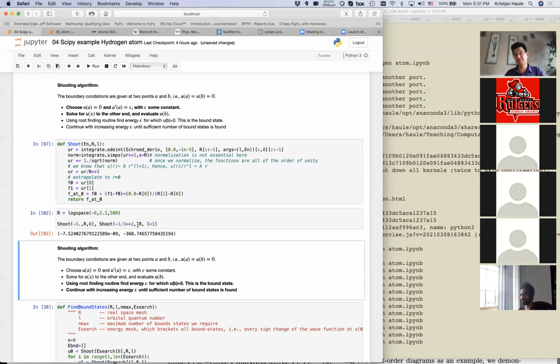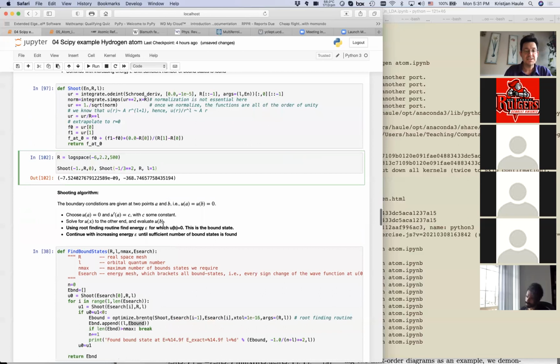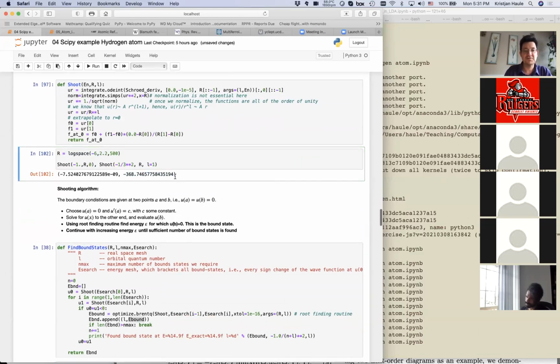But as we will see later on, if you adjust the energy just a little bit, then the bound state actually has the correct R dependence. It will have just a little error on the energy.